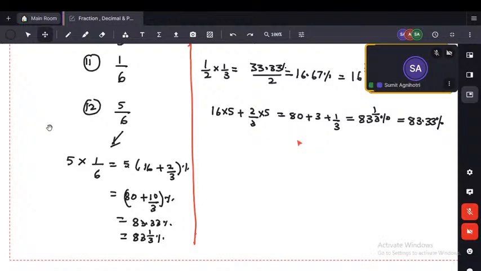Is it 12.5 you got? Tell me your answer. Yes, you must have got 12.5, 12 and a half. That is equivalent to 12.5%.